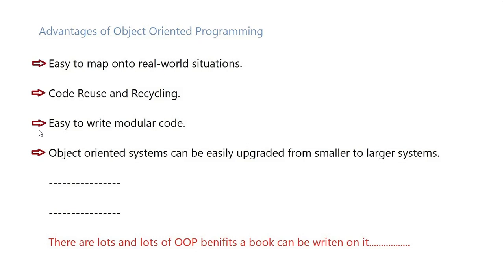You can make your code more manageable and easier to debug and extend. Object-oriented systems can be easily upgraded from smaller to larger systems. There are lots and lots of OOP benefits. A book can be written on it. So I'm not going to discuss all of them. Let's start some real object-oriented programming.